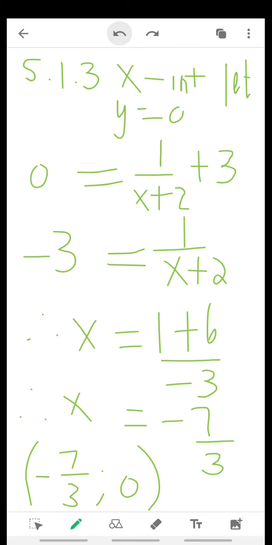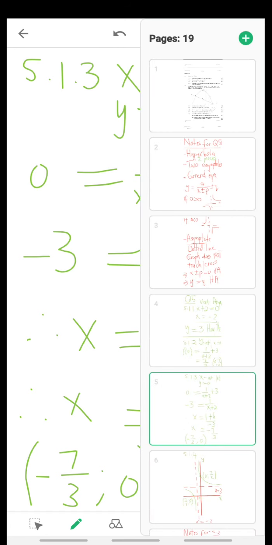Now, when I transpose my constant, it changes sign. It becomes a minus 3, and then all equals 1 over x plus 2. Then this is the grade 10 stuff, where you need to make x the subject of the formula and solve for x. Therefore, my x-intercept is (negative 7 over 3; 0). That is where the graph will be cutting the x-axis.